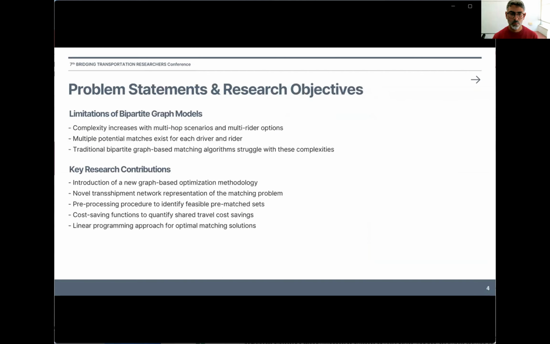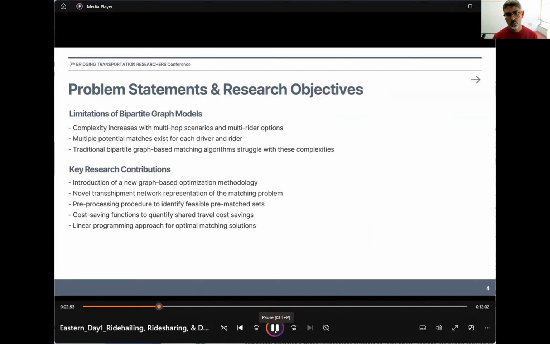So our approach introduces a graph-based optimization framework capable of handling various ride matching configurations: one-to-one, one-to-many, and many-to-many cases. The goal is to maximize the system-wide benefits in terms of cost or distance saved.